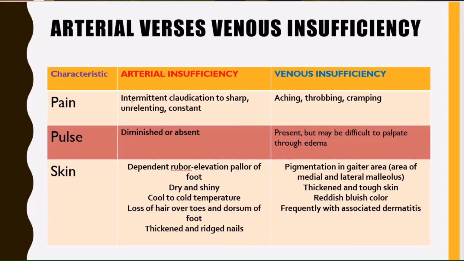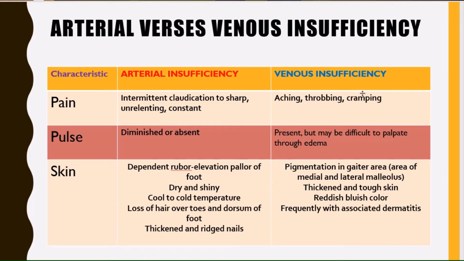Again, the severity of the pain depends on where the disease process is, how bad the disease is. In the beginning, they may have intermittent claudication, and it may get relieved once the patient rests. As the disease progresses, it can be unrelenting and constant pain.